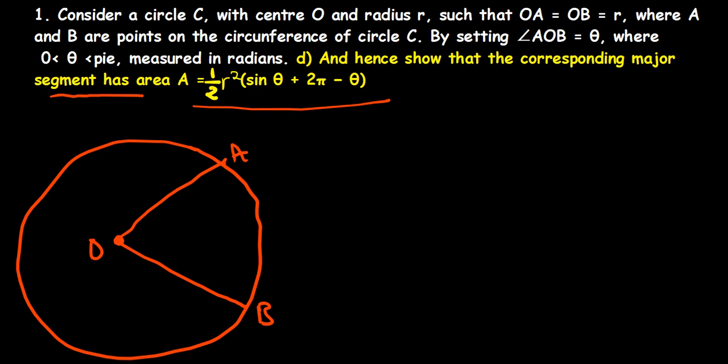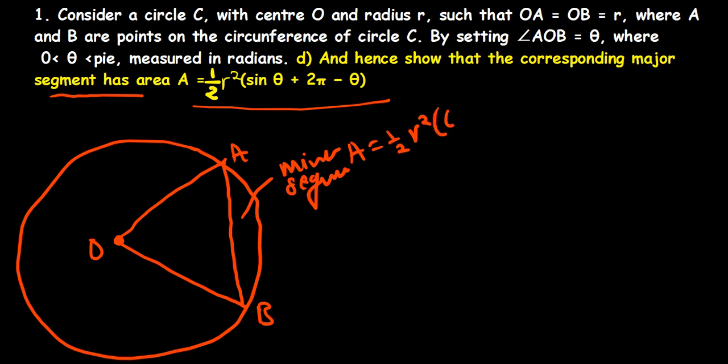We had this chord, and then there was the minor segment. That was the minor segment, and it had the area A equals half r squared, and then we had theta minus sine theta.